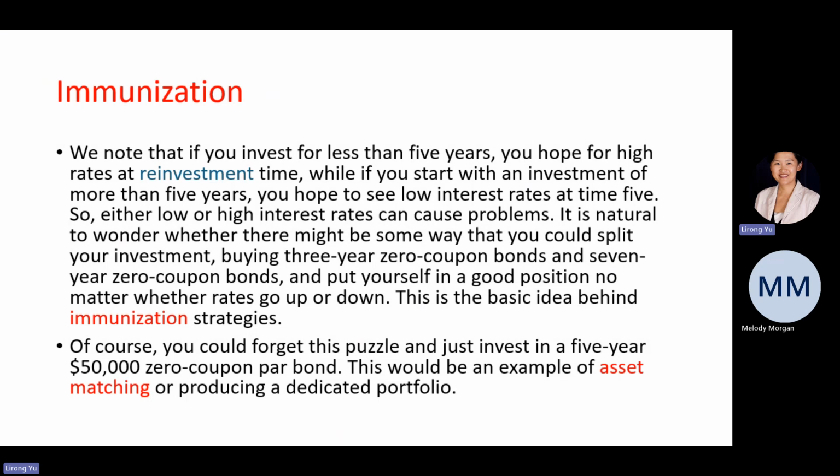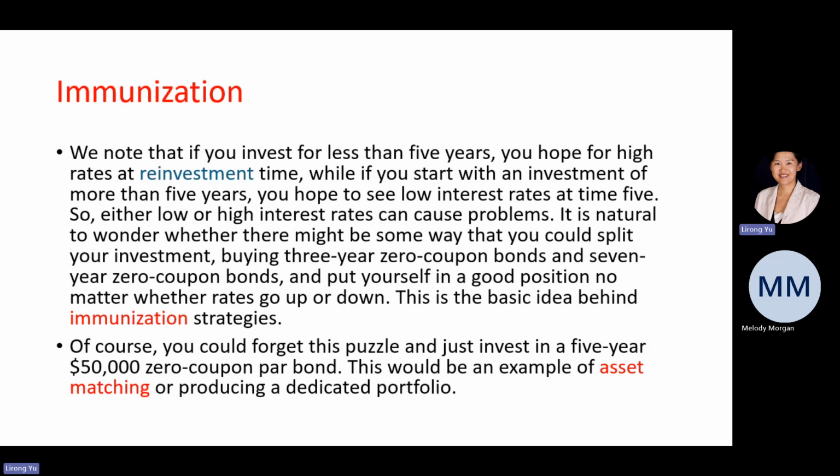Because you're investing. When your bond matures, you want the interest rate at that time to be high, and that is sometimes unrealistic. What if by time 3 the interest rate decreases, and you may have to pay money to cover your liability?